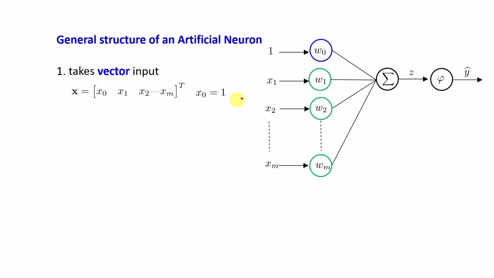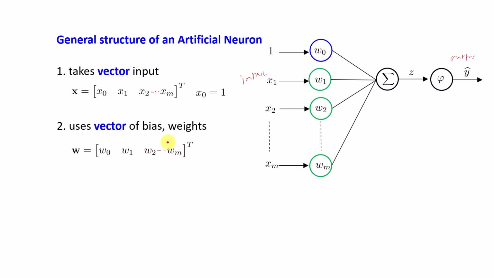This is the input and the right hand side is the output. This vector then multiplies with a vector of bias and weights which goes from W0, W1, W2, etc. up to Wm.